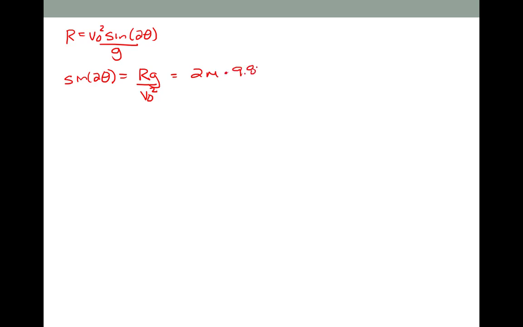G is 9.8 meters per second squared. And v naught was 6.8 meters per second, the whole thing squared. And if you work that all out, you get sine 2 theta equals 0.42. Taking an inverse sine gives you that 2 theta equals 25.07 degrees, which means theta equals 12.54 degrees.